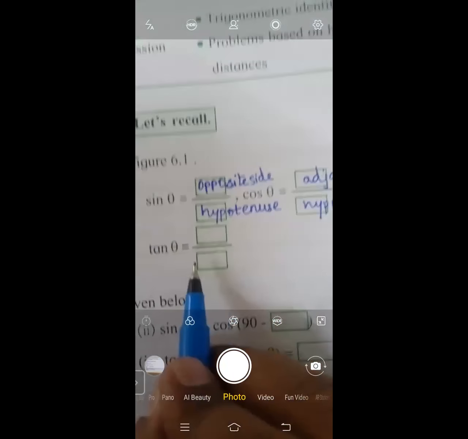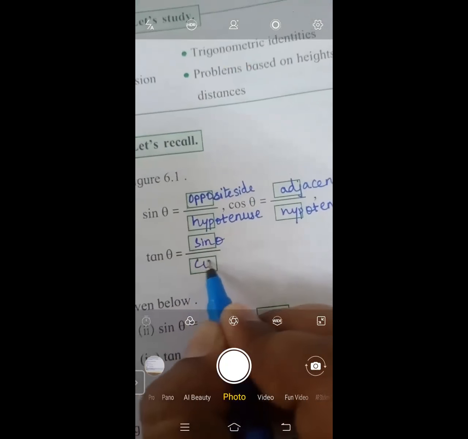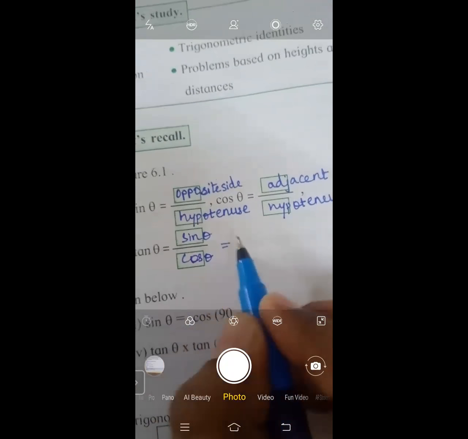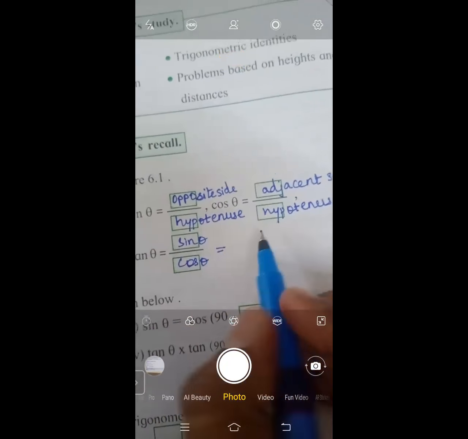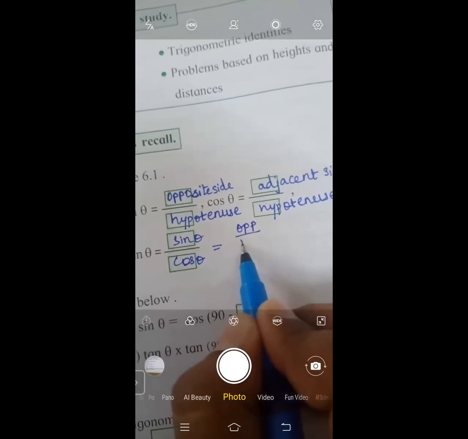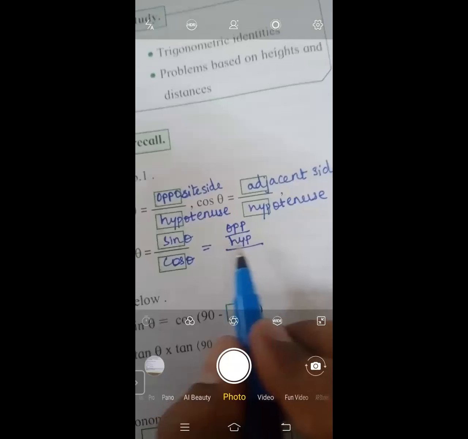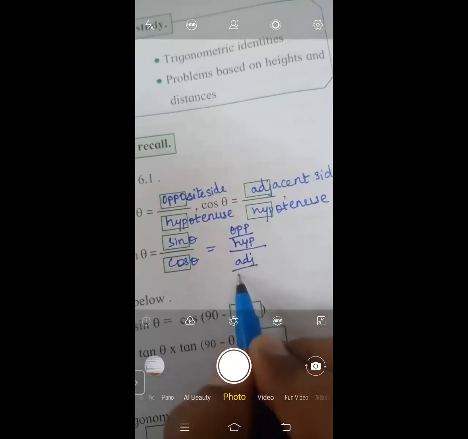What is tan theta? Tan theta is sine theta upon cos theta. After placing these ratios one upon the other, that is opposite side upon hypotenuse, which is for sine theta, we divide this with adjacent side upon hypotenuse.